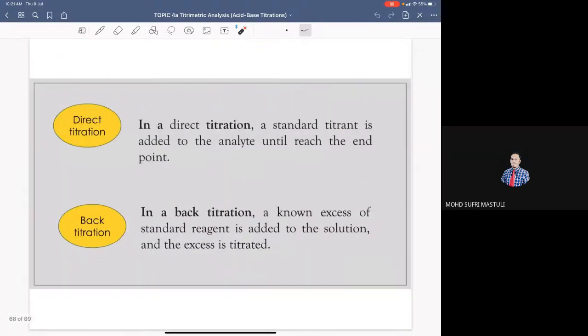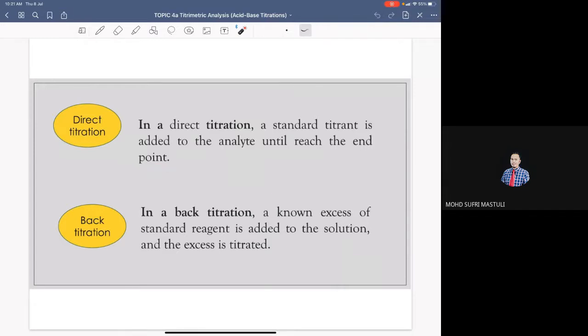Meaning that in analytical chemistry, titration can be done either as direct titration or back titration. So in direct titration, standard titrant is added to the analyte until it reaches the end point.